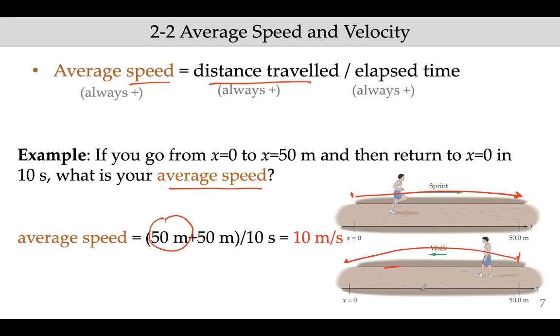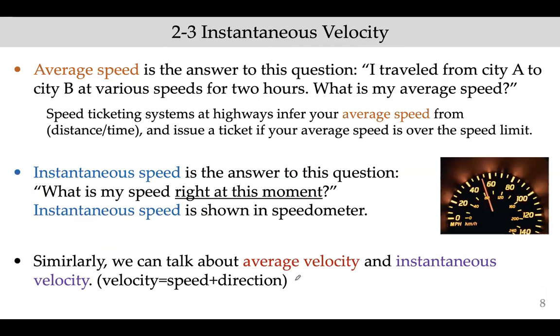What is the distance traveled again? 50 meters. So that's another 50 meters. What is the total time elapsed? Well, it's 10 seconds given in the problem. So if you do the division, you will find 10 meters per second. So the average speed is 10 meters per second. Average speed is the answer to this question.